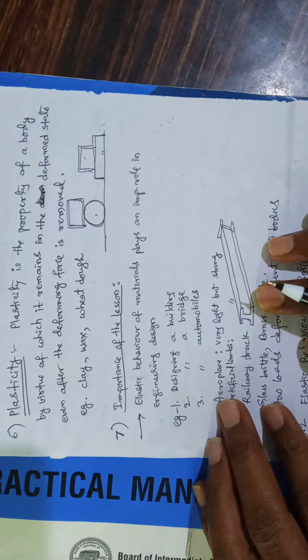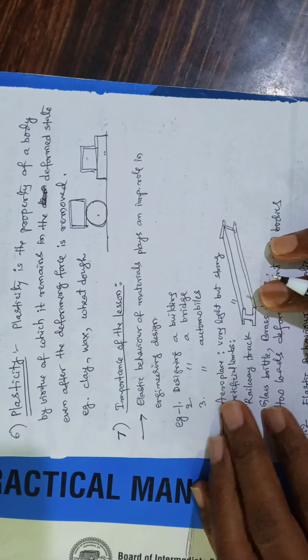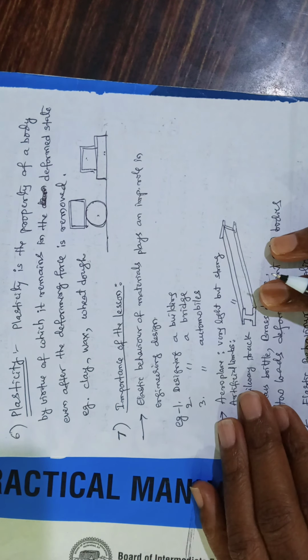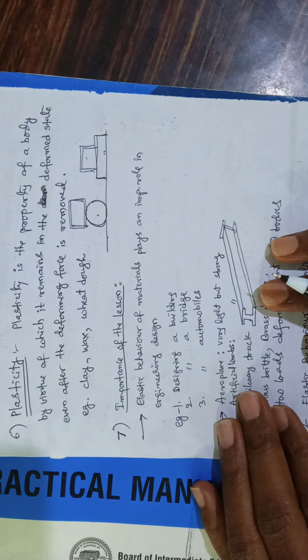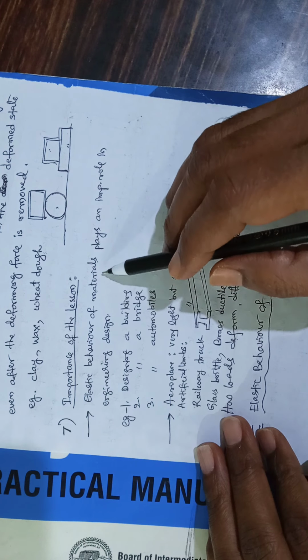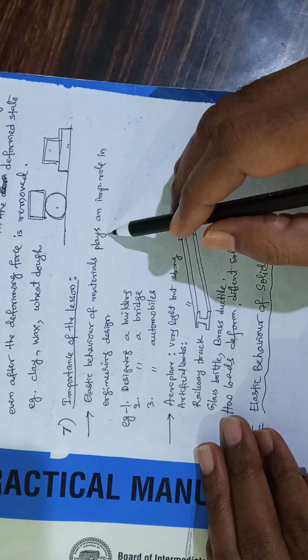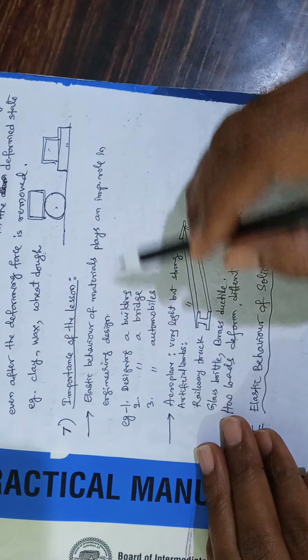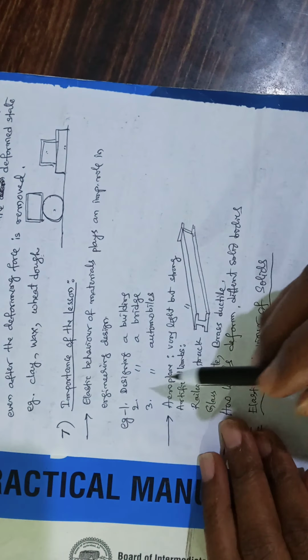Now, importance of the lesson. Why are we studying the mechanical properties of solids? What is the use? What is the application? Elastic behavior of materials plays an important role in engineering design.